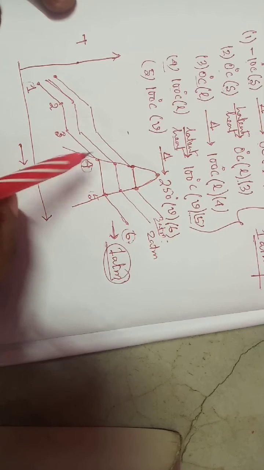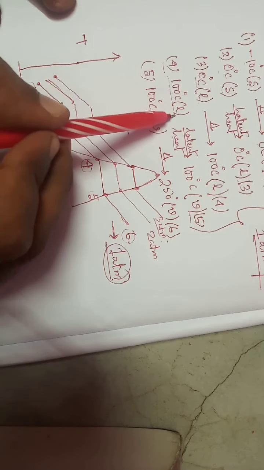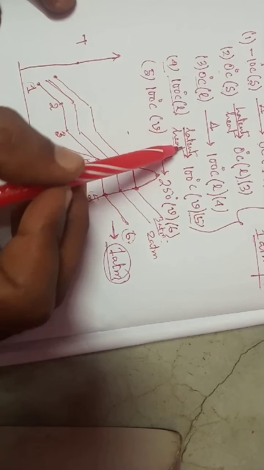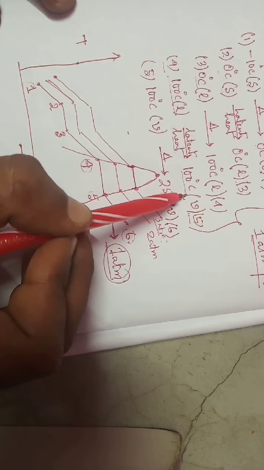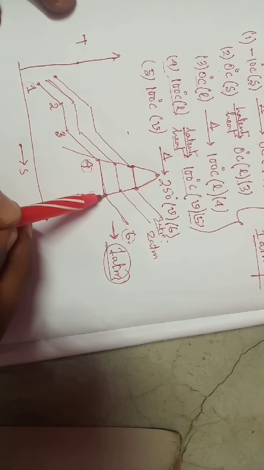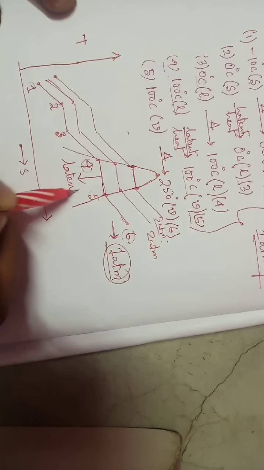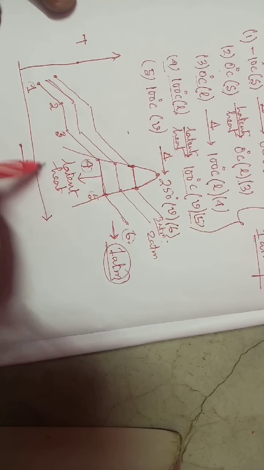4 to 5, state number 4 means 100 degree centigrade of liquid, ultimately by taking latent heat of vaporization, comes into 100 degree centigrade of vapor. So this 4 to 5 is indicating latent heat, right?